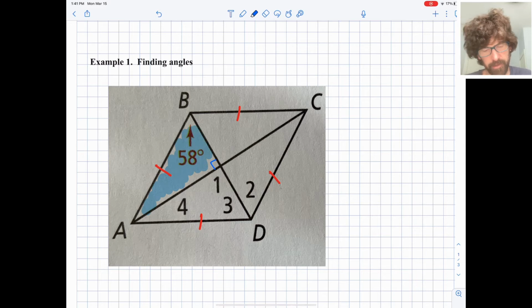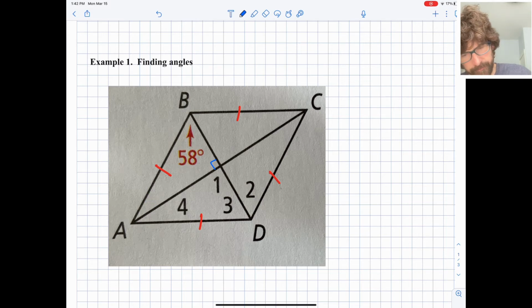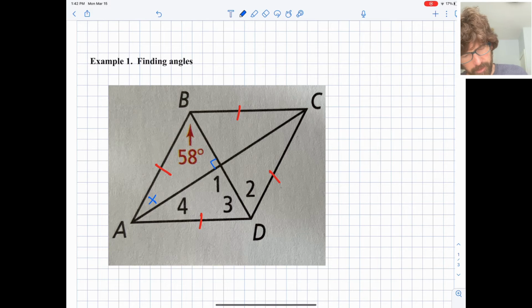It's a right triangle. We have a 58-degree angle, we have a 90-degree angle, and then we have a missing angle. So I'll call that X. So X plus 58 plus 90 equals 180. Let's solve for X there. So X is 32. Let's draw that in.